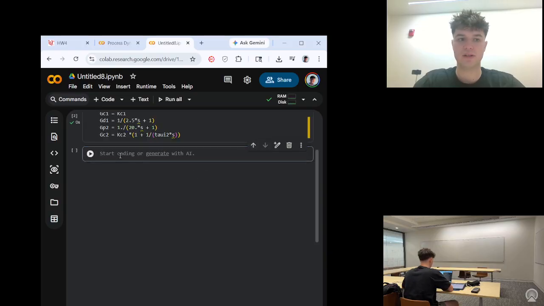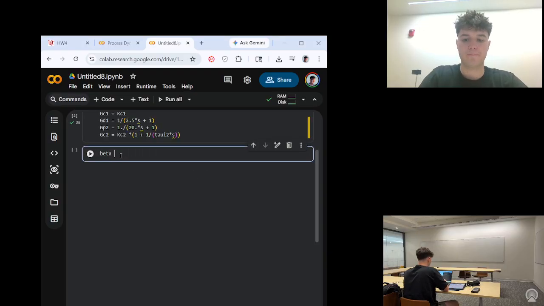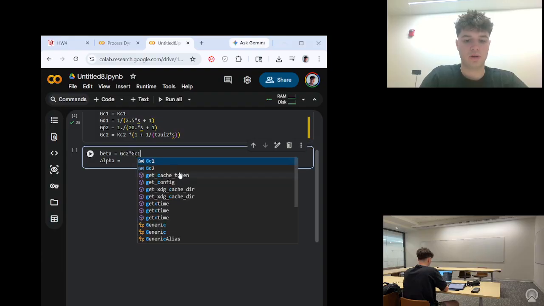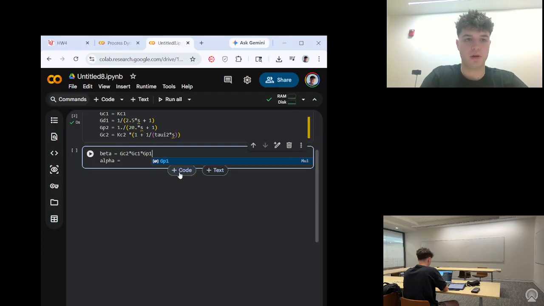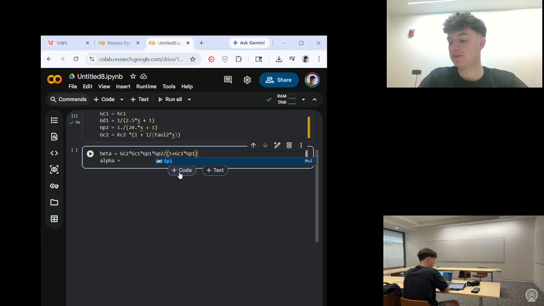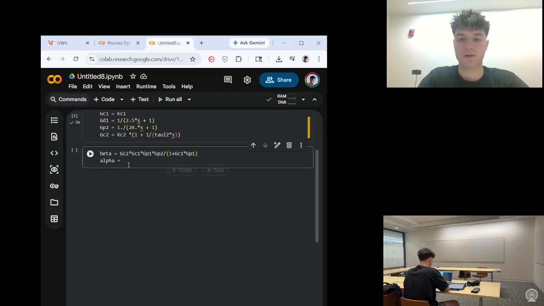So we go below this and we first need our beta and our alpha values. Our beta is going to be equal to GC2 times GC1 times GP1 times GP2. This all is going to be divided by 1 plus GC1 times GP1. And if you remember, this is exactly what we set on our iPad when we were deriving equations.